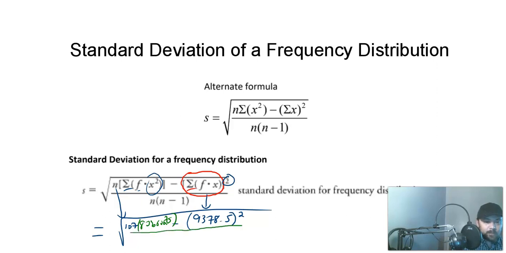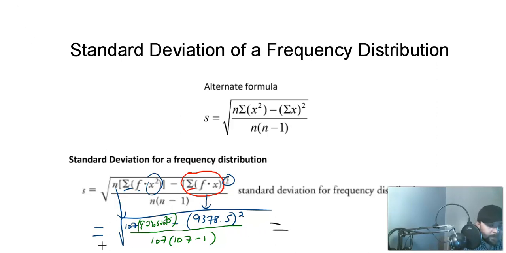All of that's going to be divided by n, which is 107, times n minus 1, which will be 107 minus 1, which is 106. So the hardest part about it is just getting these sums. And then once you have those sums, you can think of this like a formula where you just plug the numbers in. Replace the summations with what they actually total out to. Replace the n's with 107. And you get this formula here, which you can then calculate.